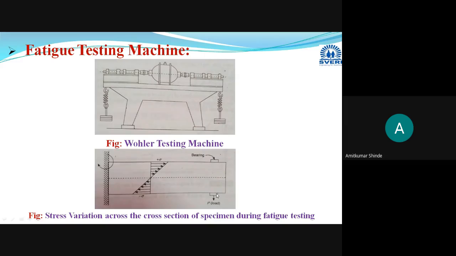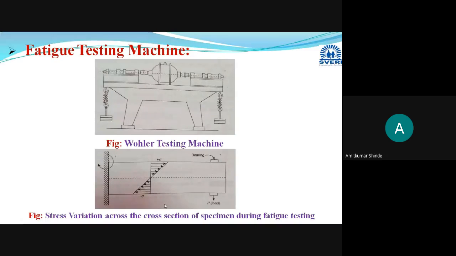Whenever this load or stress value is higher, the number of cycles to cause failure will be lesser.